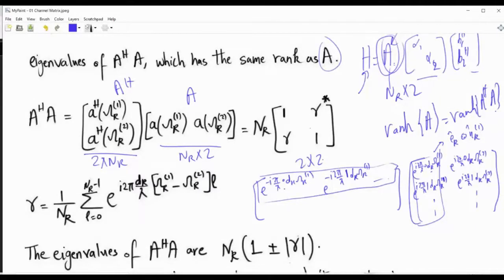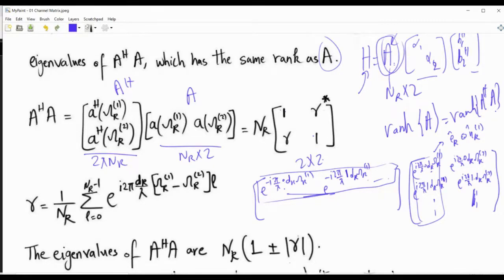And then you have two cross terms that are complex conjugates of one another. They come from taking this guy and multiplying it by this guy here. I put it as gamma conjugate, and gamma itself will be 1 over NR. This 1 over NR is because rather than writing those terms as NR, I take NR as a common factor, so I need to put 1 over NR, and then you have an inner product, a summation, which looks like this.